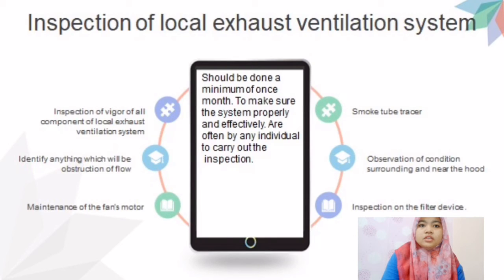The inspection should be done a minimum of once a month by regulation, or at a shorter interval as specified by the designer, to make sure the system is functioning properly and effectively.